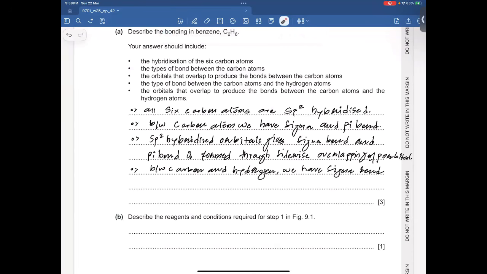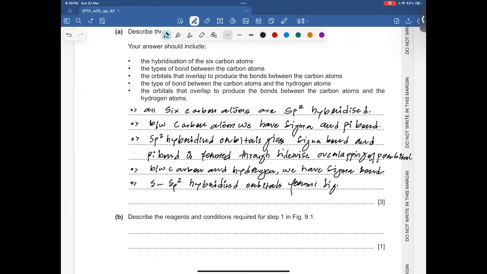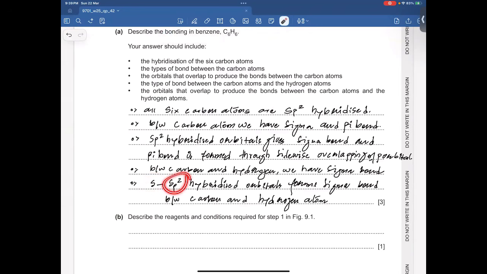Now the next is the orbitals that overlap to produce bonds between carbon atom and hydrogen atom. sp2 hybridized orbitals form sigma bond between carbon and hydrogen. Now this s orbital comes from hydrogen and sp2 comes from carbon atom. Okay.